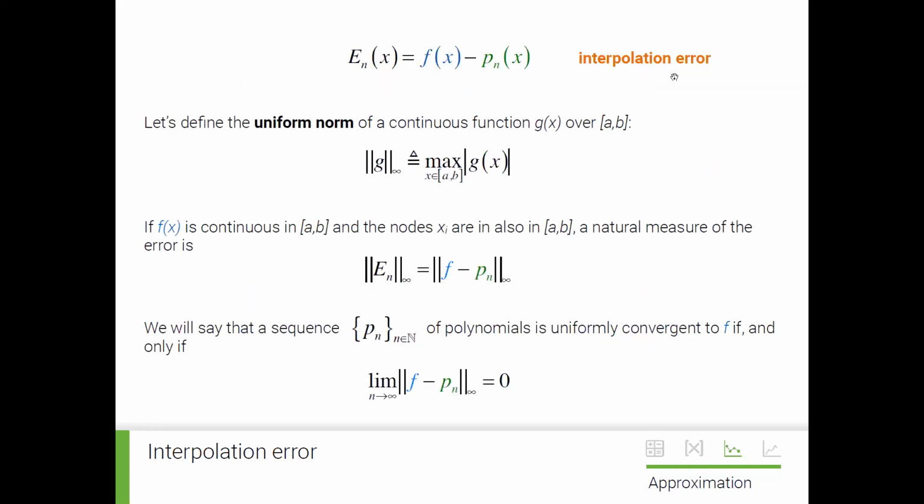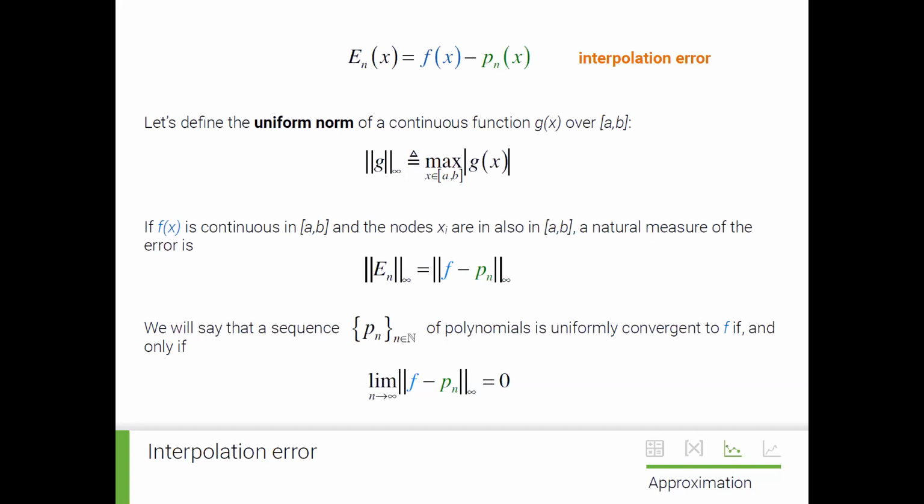So we can find the error when we do interpolation, when we do approximation. Again, this is the interpolating error. Let's define the uniform norm of a continuous function g of x over the interval a, b. This uniform norm equals the maximum value of the absolute value of g of x. This is the norm of g.